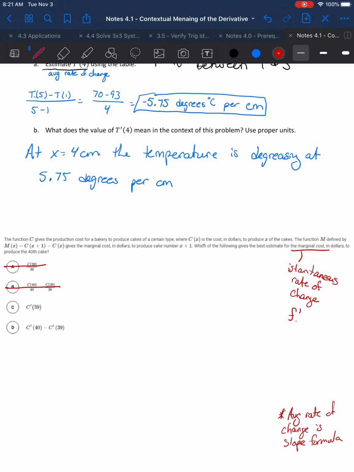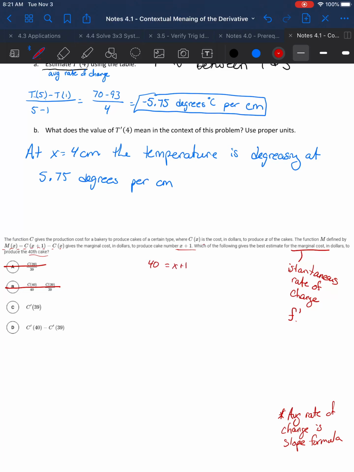The function C of x is the cost in dollars, and so on. We have this function, and granted, this function is kind of given to you as a distractor, and they want the number of cakes plus 1, and they want the 40th cake.